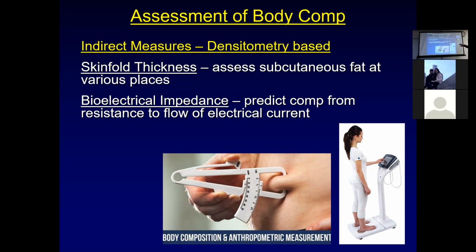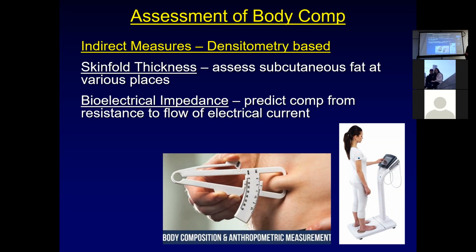And we'll go through in a few slides, or probably on Wednesday, there are 7 very specific sites that we take skin folds, okay? But you make a measurement of those things at multiple sites, and then you plug those measures into some equations, and it lets you estimate a percent body fat, right?